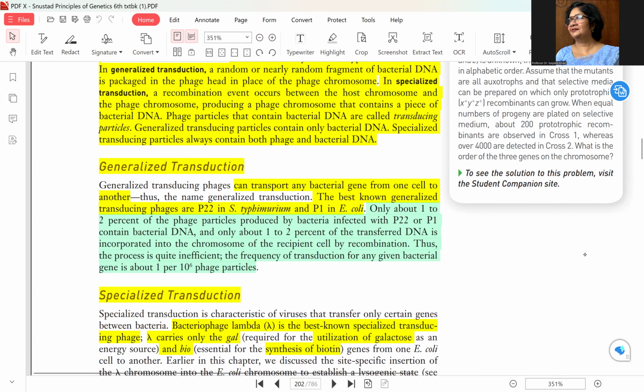And when it excises, once again, it confuses some other sequence during excision, and it carries some bacterial DNA along with it during the excision process, so that when it subsequently makes virus particles, it carries those bacterial sequences along with the virus DNA and introduces those bacterial sequences into the next host when it infects that host along with its own DNA. So when bacterial DNA only is carried by the virus, the process is called generalized transduction. And when bacterial plus virus DNA is carried by the virus, then the process is called specialized transduction.